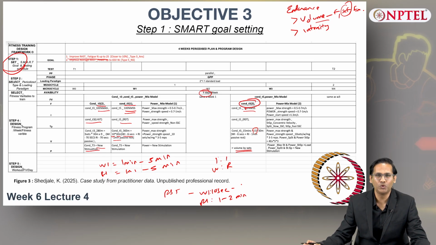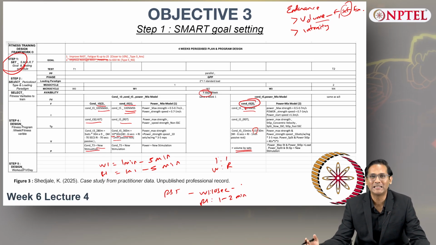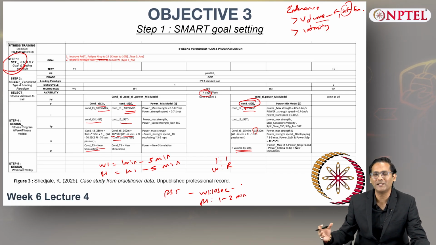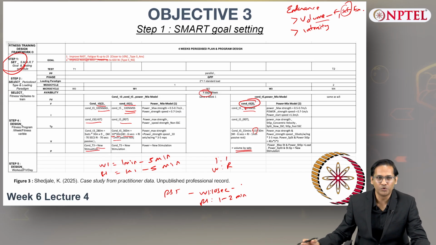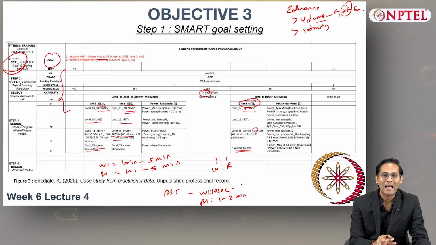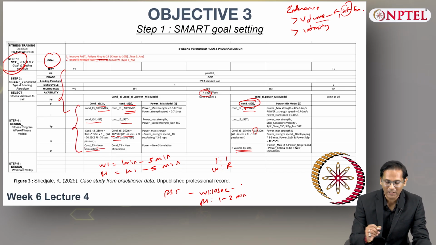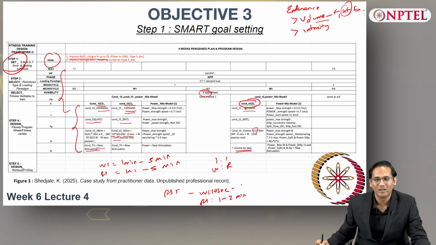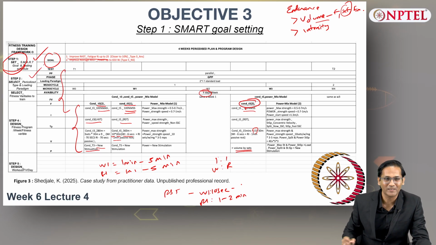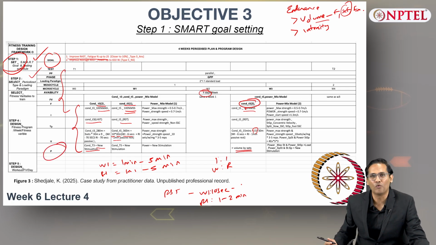Now there is no one optimal way of designing a program. The theme of this case is to understand that if you want to design a program, you first set a measurable goal. Then you create a periodized training plan. And then you create a weekly program design, so that you apply the principle of specificity, the principle of periodization, and the principle of progressive overload.